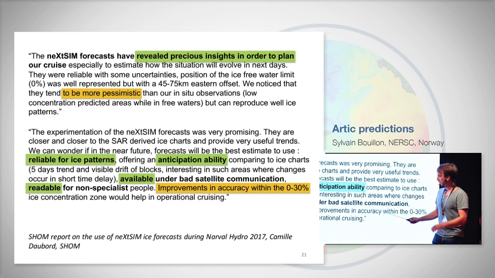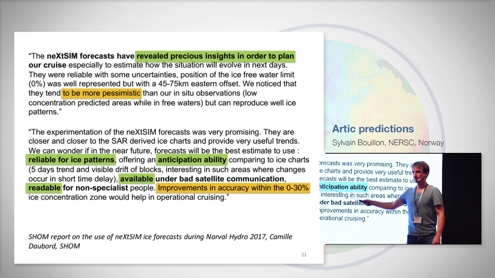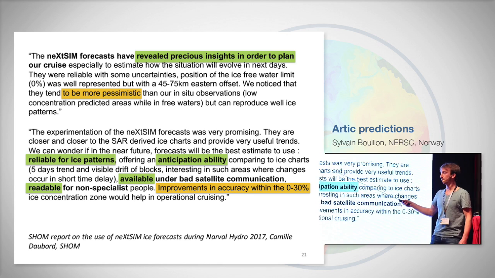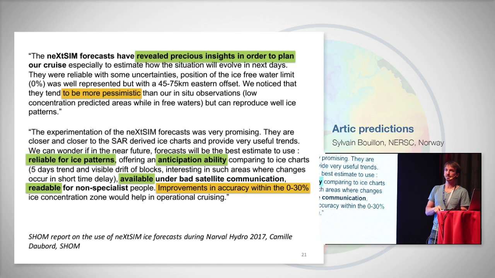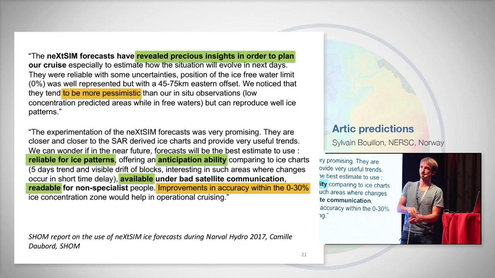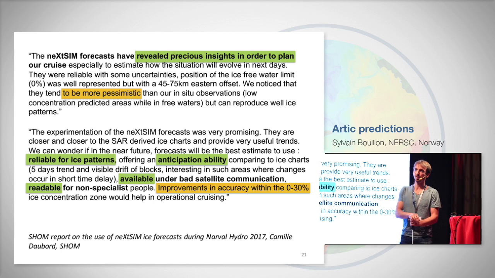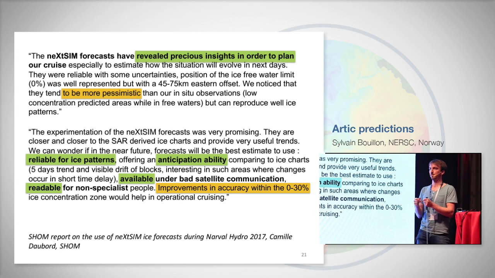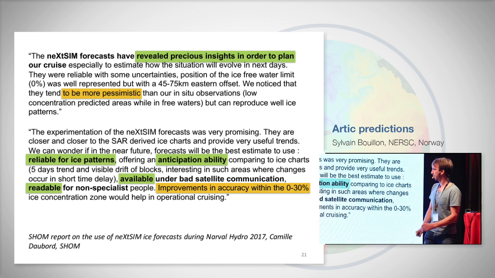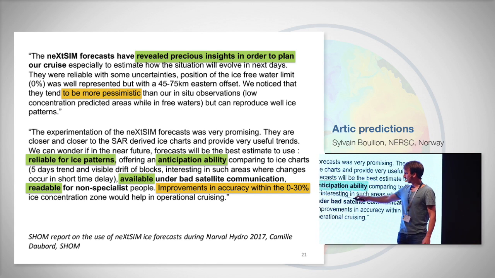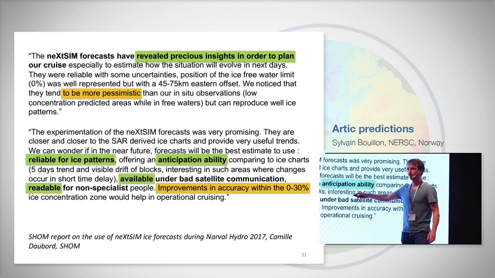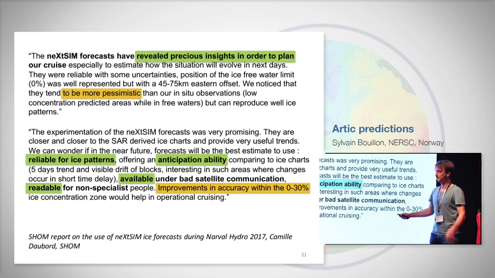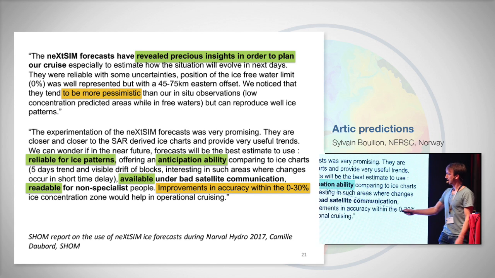But they were also saying that maybe in the near future, this type of forecast will be the best estimate to use. They said it would be better than ice charts and SAR images for 3 reasons, even 4. First, they are reliable for the ice patterns, so we can see the bands as they are.